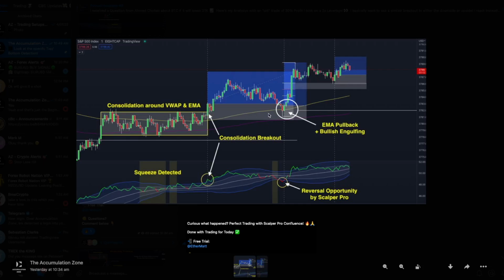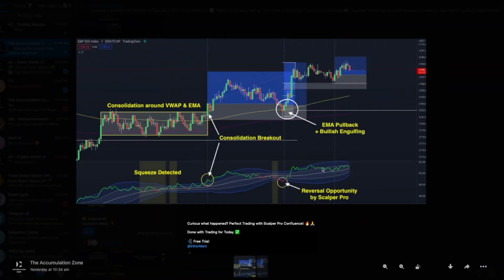If you would draw a line here, we perfectly retested it here, had a bullish engulfing, and it was basically an EMA pullback or a consolidation box pullback, and we reversed straight back into the Scalper Pro bands. And yeah, that's what I consider a beautiful reversal opportunity with the Scalper Pro.